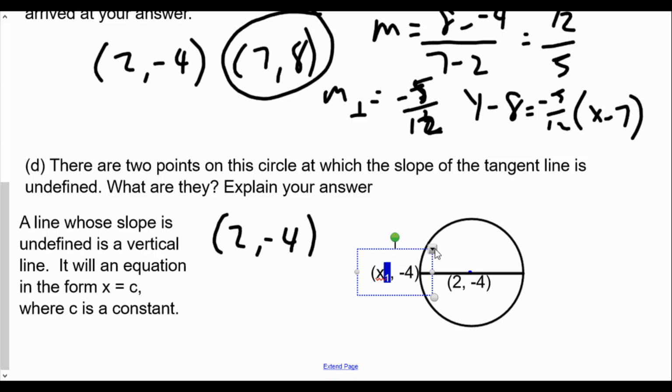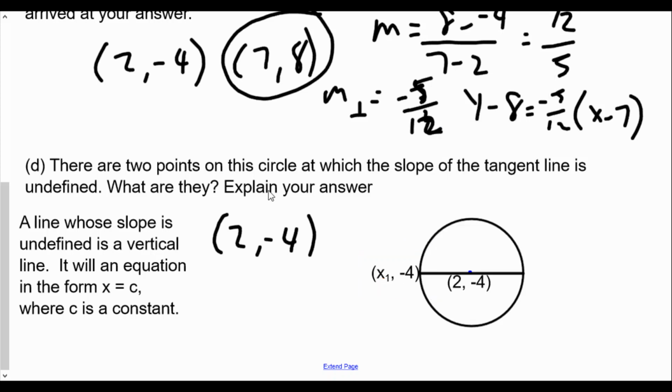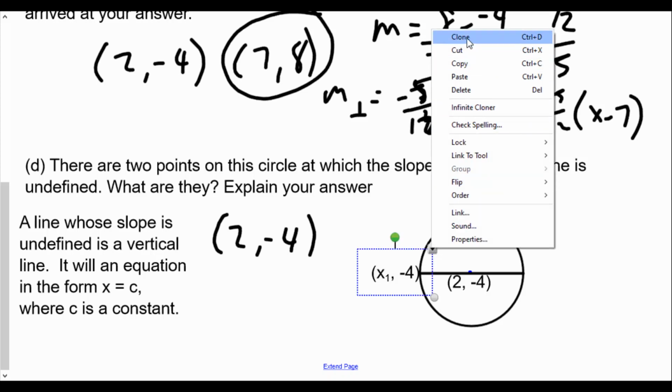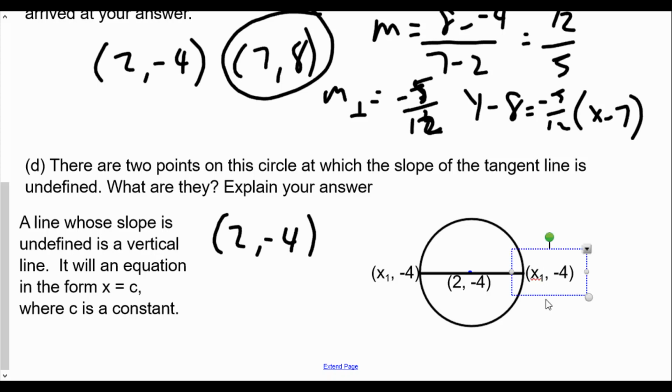Then our second point on the other side, let me clone this and push it over here. This one will not be x1 but (x2, negative 4), meaning the second x value.